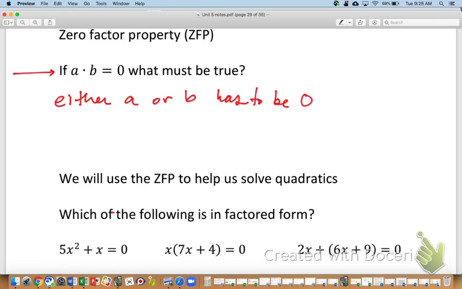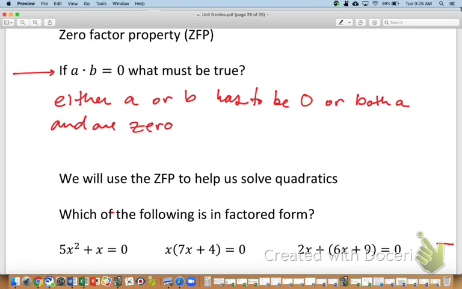So he said, if A times B equals 0, then either A or B has to be 0. I'm going to put one little caveat in here. Or what? Or both are 0. There we go. Or both A and B are 0.